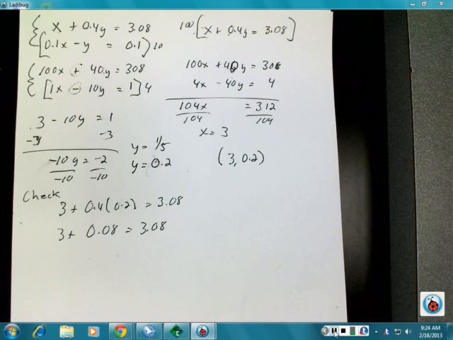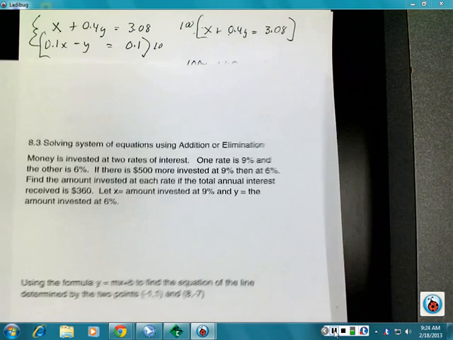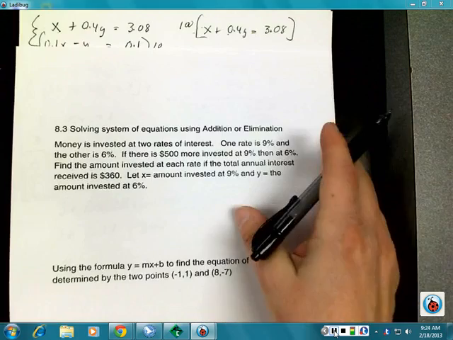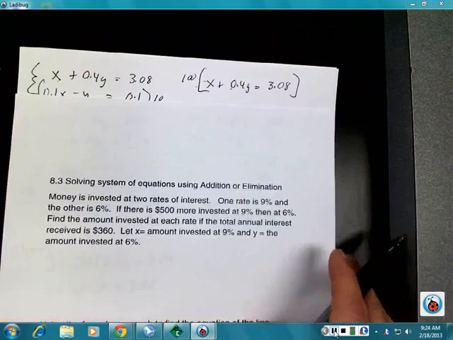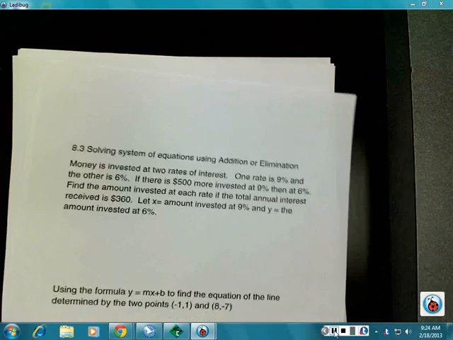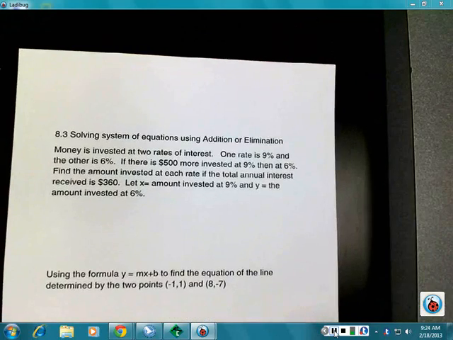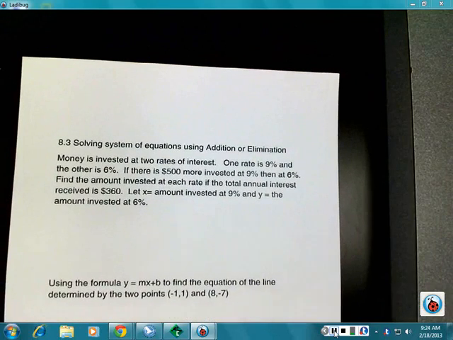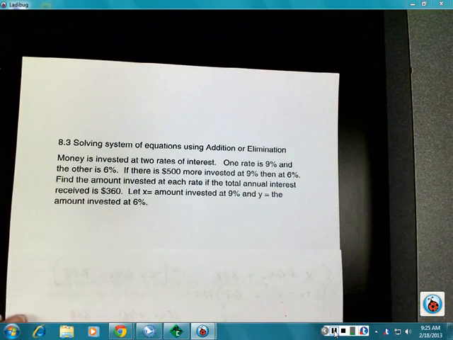Now, if you go back to your story problem sheet, once again, there are two different kinds of story problems that Hawks puts into this section. So we better take a look at those and see what we can possibly do with them. So the first one is money is invested at 2 rates of interest.